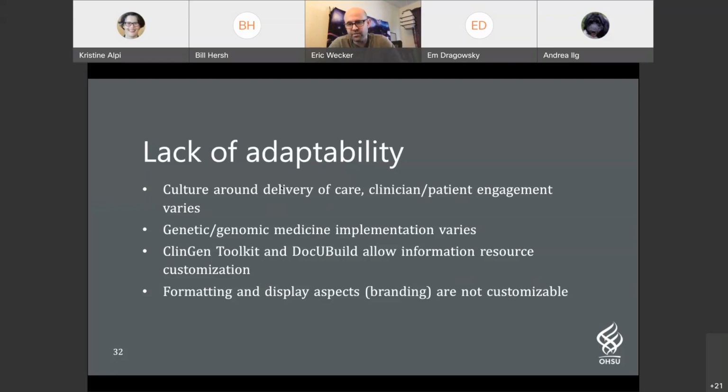So basically, institutional branding, they can't really do that. And that might be important to some of these places, and it's not an option with this stuff. So there was not really a recommendation provided by the authors to address this barrier, but it seems like allowing customizable branding by institutions might lower this barrier.